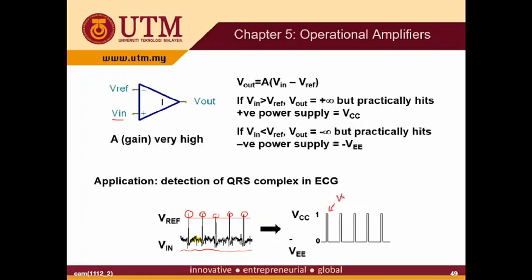So this is where V in, or V plus, is larger than V minus. This is how you can use the op-amp comparator in an actual application. So we compare V plus and V minus.